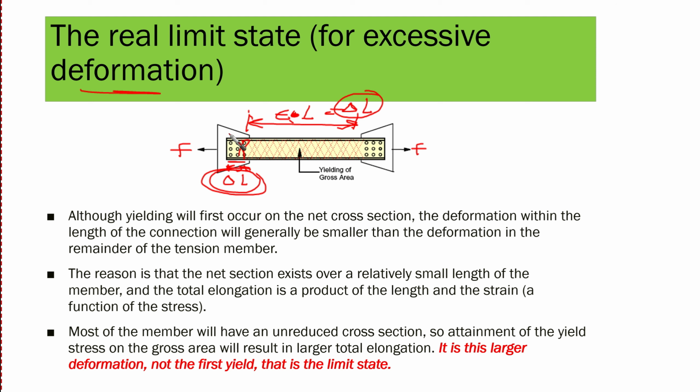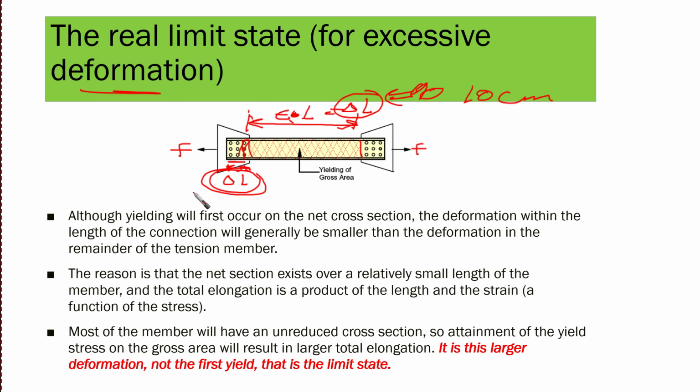So this is why we do not care too much about yielding on the connection area or the net area, because it will make small excessive deformation. However, for the gross area, the length is very high, so the strain times the total length is going to give us very high delta L. Here delta L might reach, for example, let's assume, 10 centimeters.